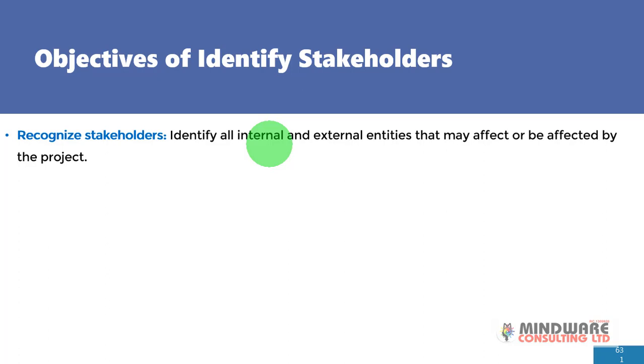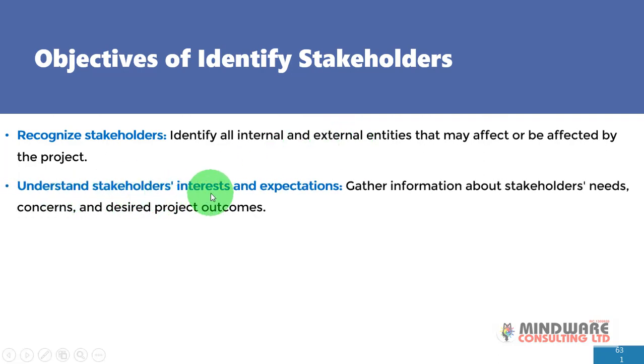Or you could take it the other way, depending on what level of entity you are looking at. So it's important to know that recognizing the stakeholders is identifying all the entities, whether they're internal or external, irrespective of the level at which you are looking at it.